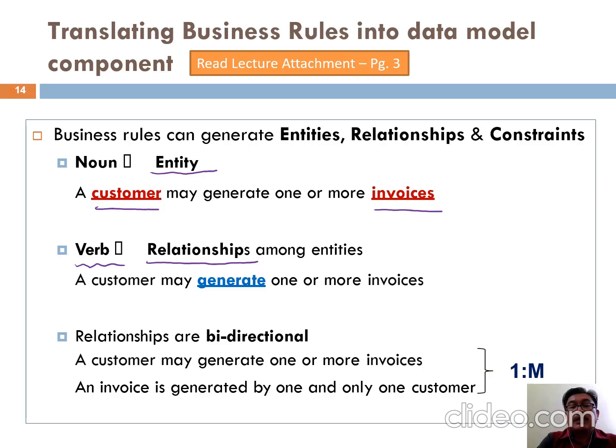It must be bi-directional, meaning that you can explain from customer to invoice, and also invoice to customer, the other way around.